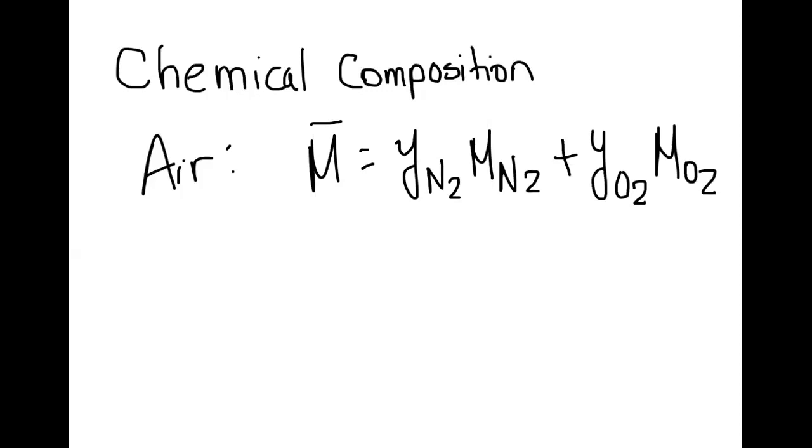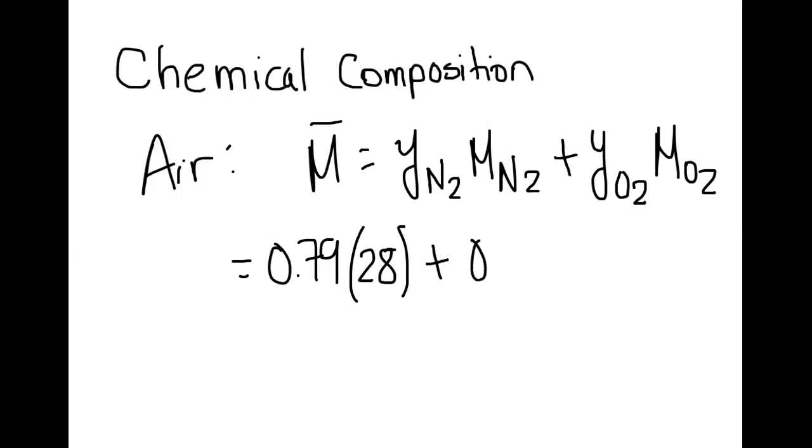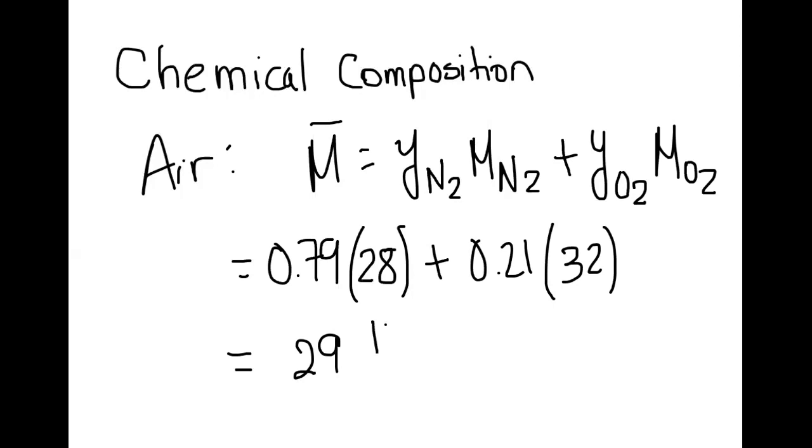So we usually say that 79% is going to be nitrogen, and nitrogen has 28 kilograms per kilomole, and 21% is going to be oxygen, and this has 32 as molecular weight. So we will have 29 as the average molecular weight for air, which means that 29 kilograms is going to be a kilomole of air, or 29 pounds mass is going to be 1 pound mole of air.